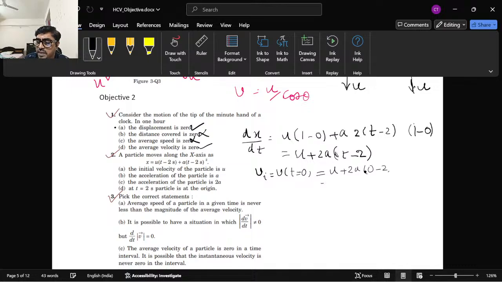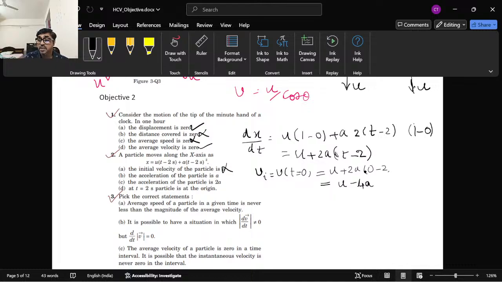So what am I getting? u minus 4a. That's the answer. Initial velocity is not u. Wrong. So don't confuse this with ut plus half a t square. It is slightly different. It's written almost the same way, but it is not the same. So just go with the definition. You are given a position, differentiate with respect to time, you will get velocity. Initial means put t equal to 0.